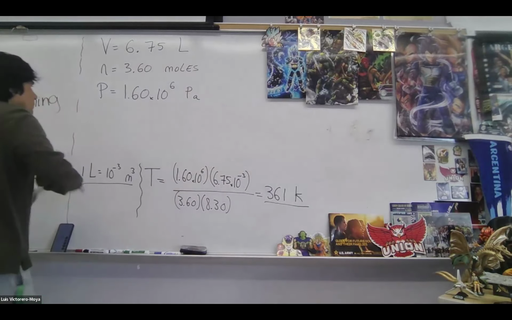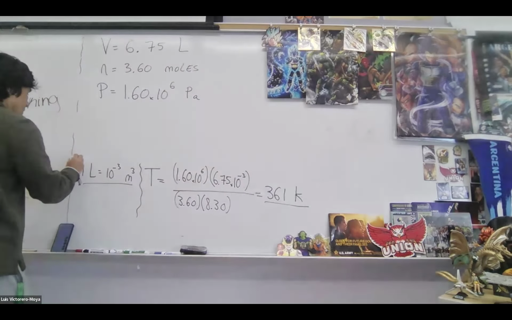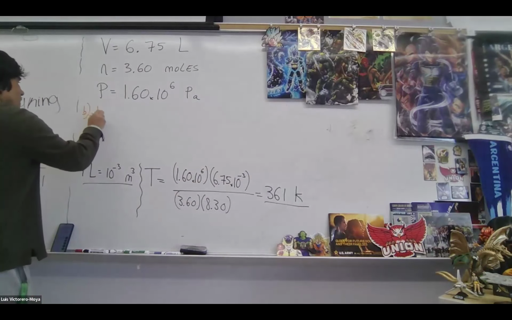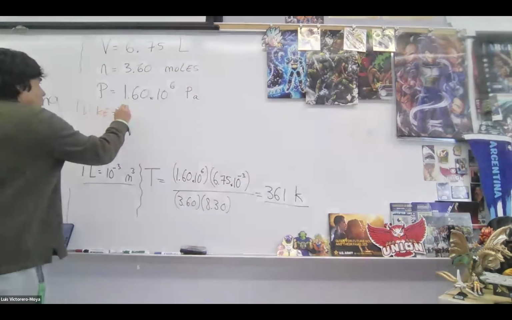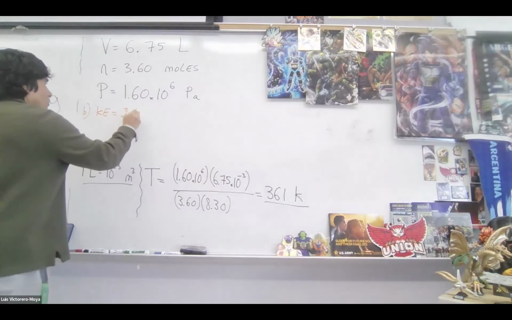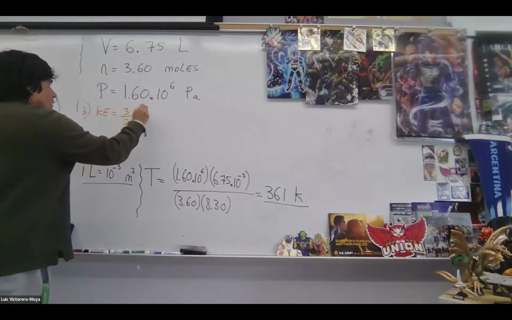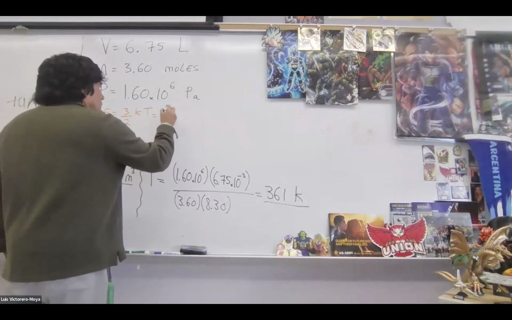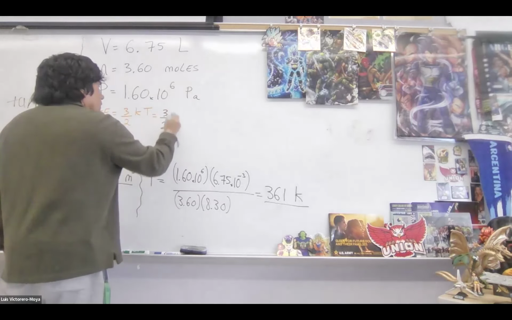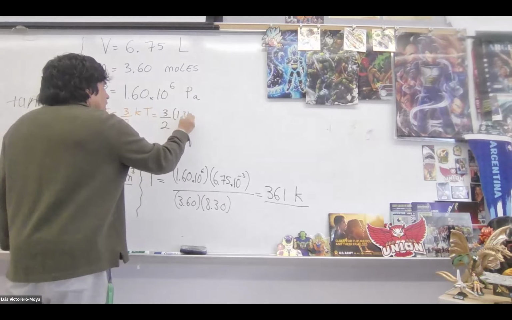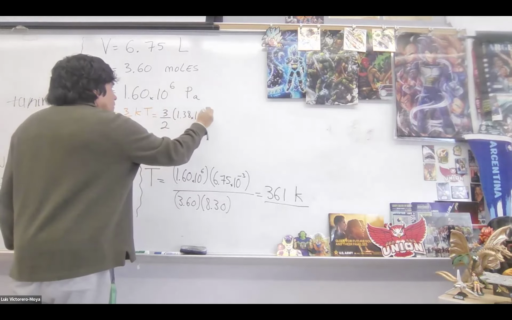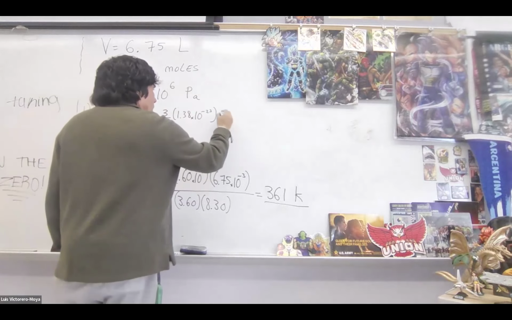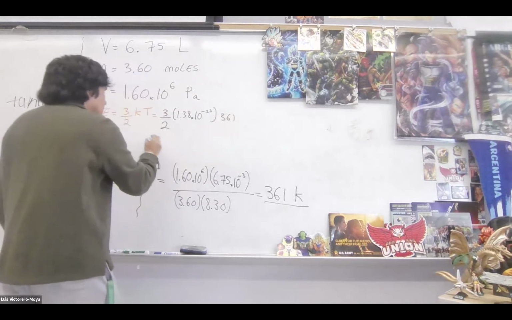To find part B, the average kinetic energy, it is 3/2 kT, which is 1.38 times 10 to the negative 23 joules per Kelvin multiplied by 361.